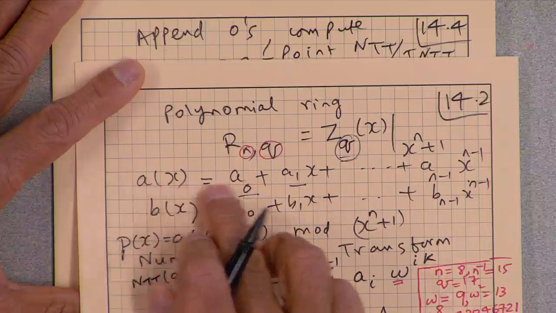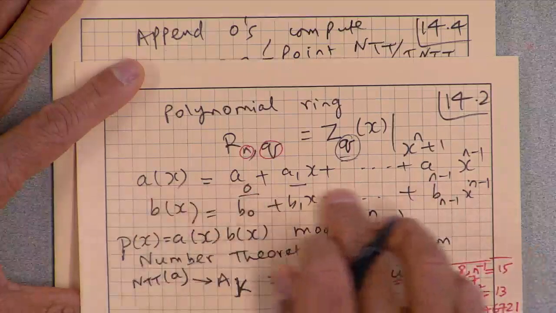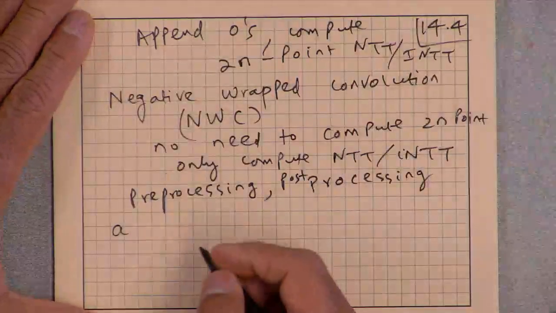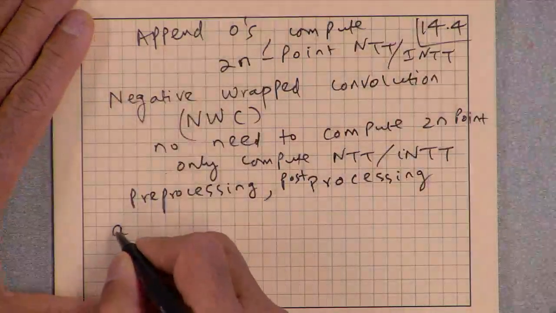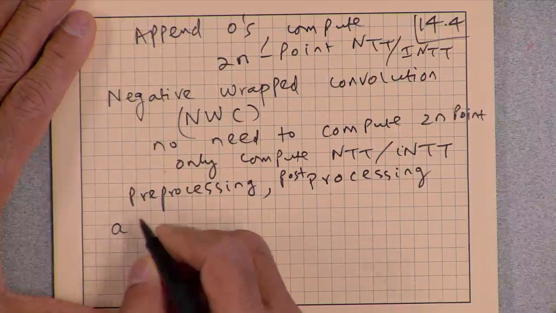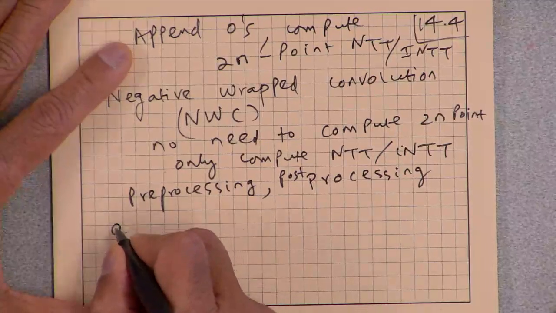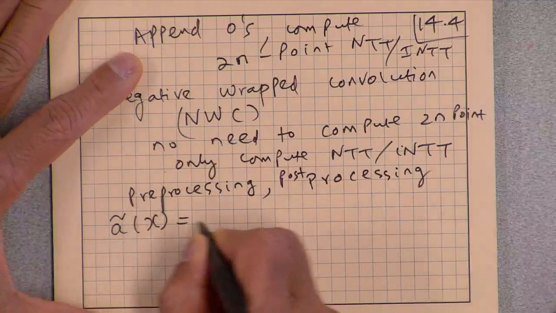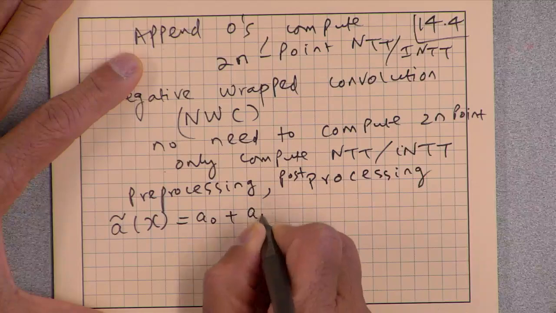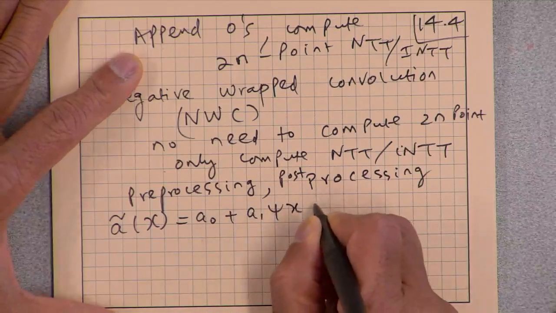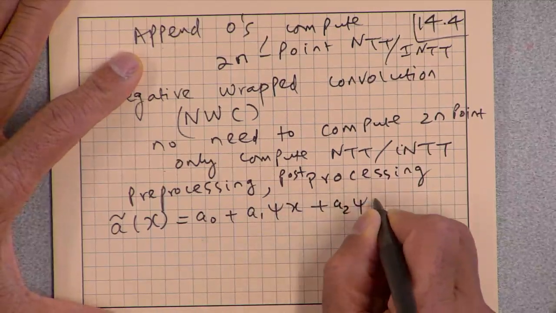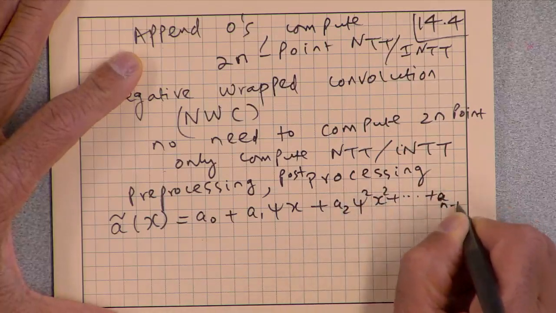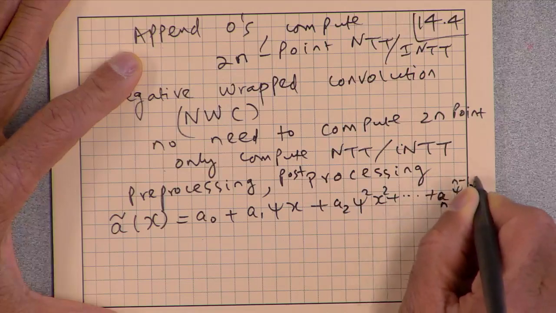Think about this polynomial A(x). Instead of dealing with the polynomial A(x), think about some pre-processing where the coefficients are changed. Think about a polynomial A tilde of x, which is A0 plus A1 psi x plus A2 psi squared x squared, up to A_(n minus 1) psi to the power n minus 1 x to the power n minus 1.